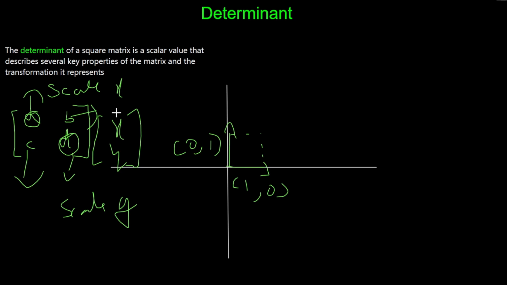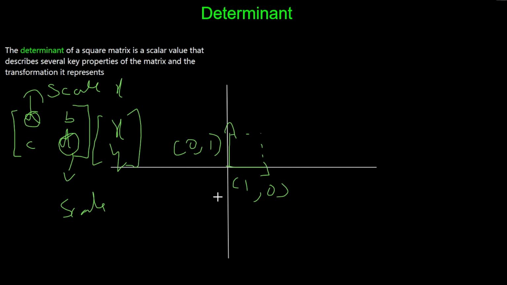B and C represent shear: B represents the shear in X, and shear in X means tilting. C represents shear in Y. So B and C represent shear, and A and D represent scaling on the X and Y axes respectively.